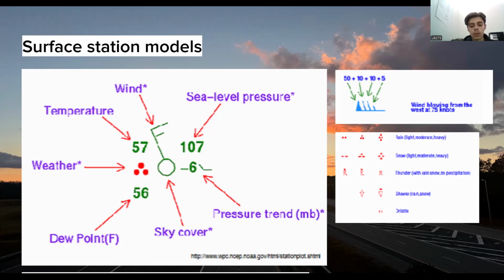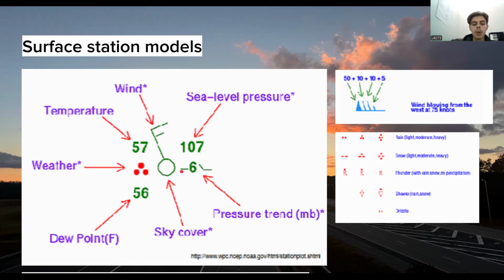Instead, you'd put a 10 there, so it's 1010.7. That's more like it. And you might have a different situation, like if you saw 838 or something, then you would put a 9 there because 983 makes more sense than 1083. 1083 is a really high pressure that we wouldn't expect.